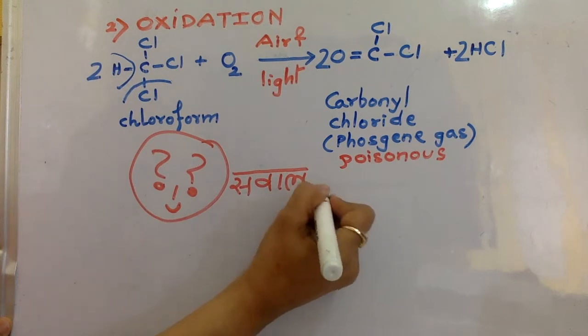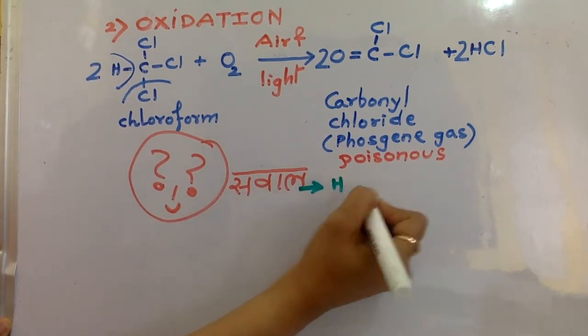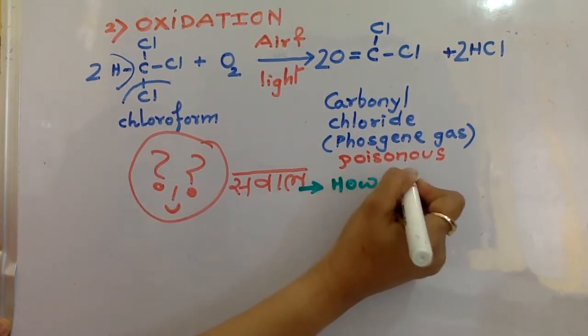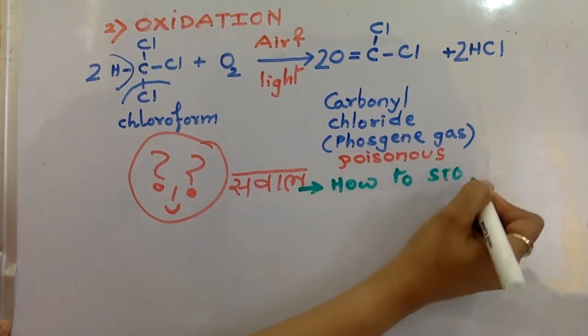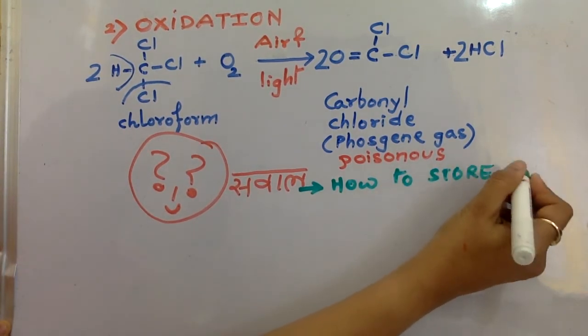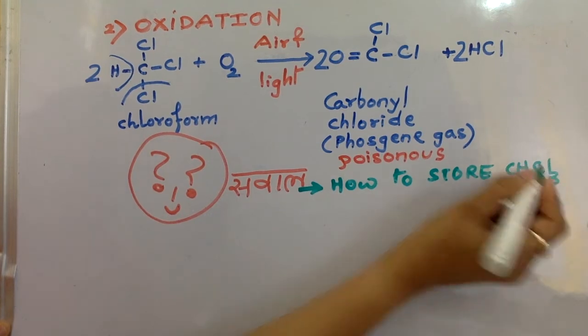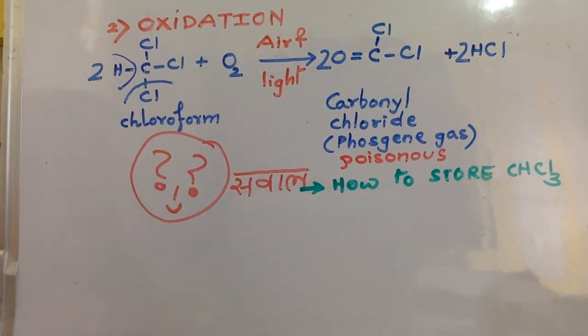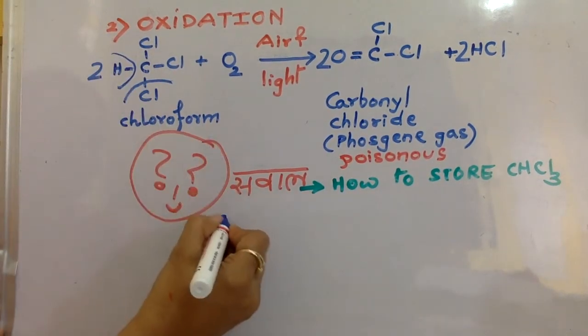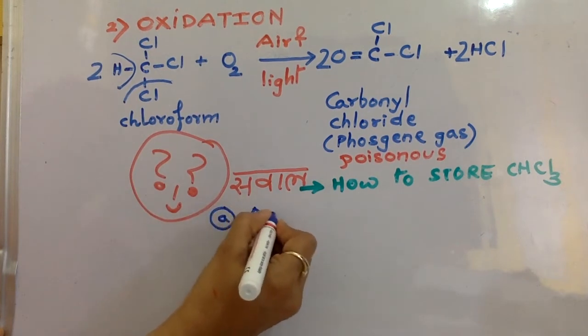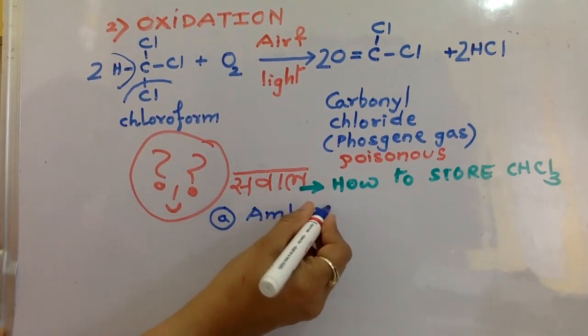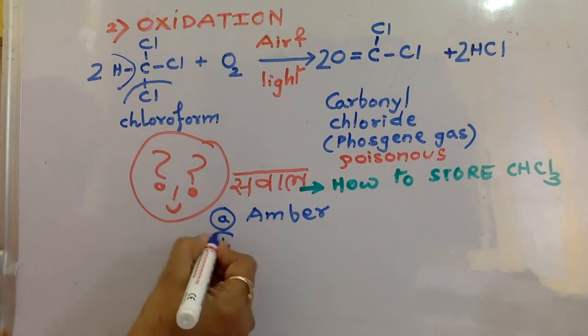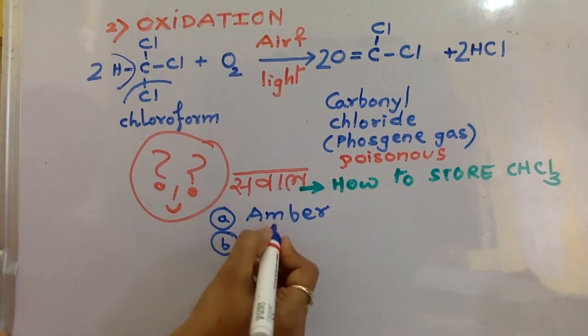ये पॉइजन ना बने इसके लिए हम क्लोरोफॉर्म को स्टोर कैसे करें? How to store chloroform? The answer is store chloroform in amber colored bottle. ये बॉटल ज़्यादा सनलाइट एब्सॉर्ब नहीं करेंगे.